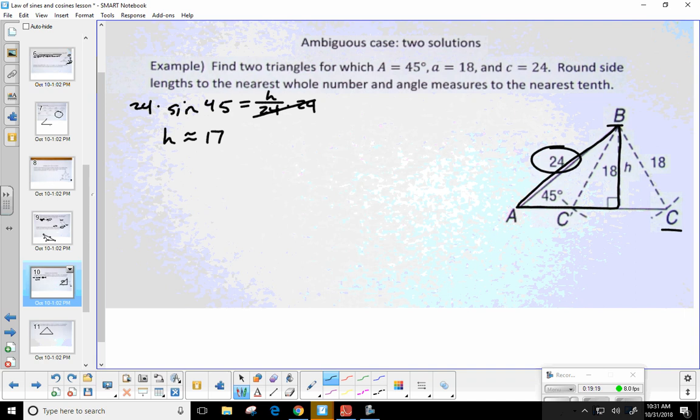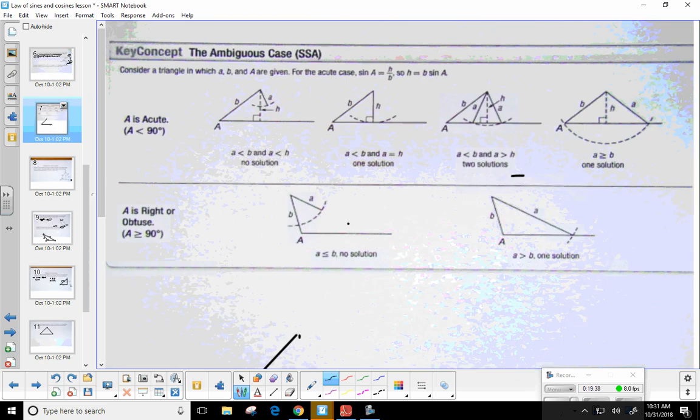Okay. So we know that A is less than C. And how does A compare to the height? A is greater than the height. So these are the values we know. If I come back over here to the table, let me get rid of this one right here. Well, we know it's acute, so it has to be in the top row.